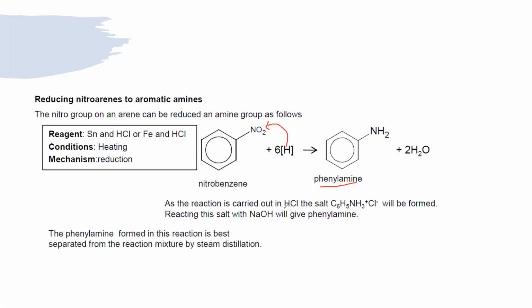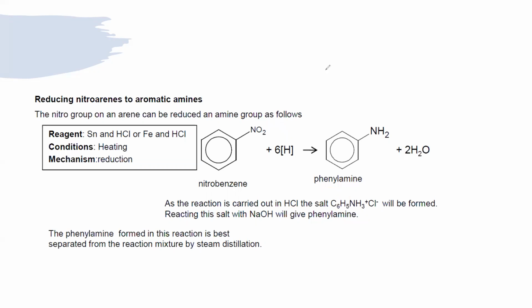As the reaction is carried out in HCl, the salt C6H5NH3Cl is formed. Reacting this salt with sodium hydroxide will give phenylamine. So phenylamine is not formed directly.